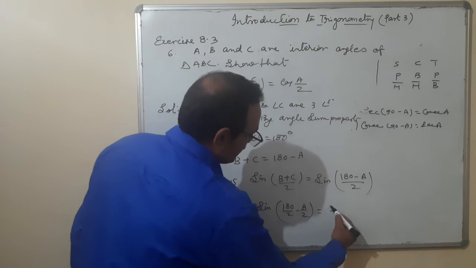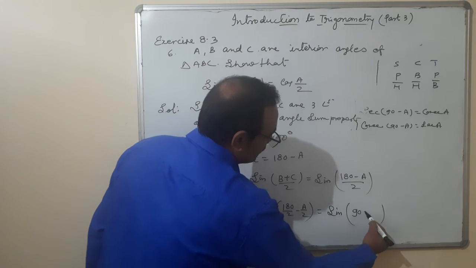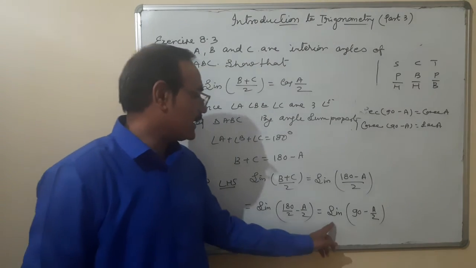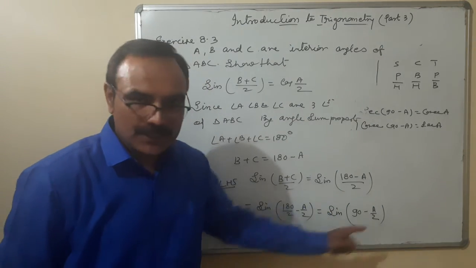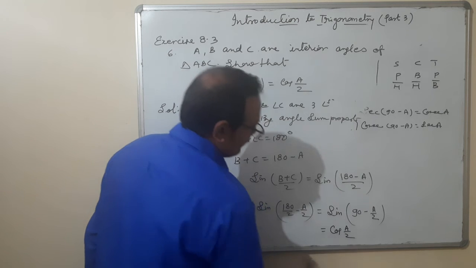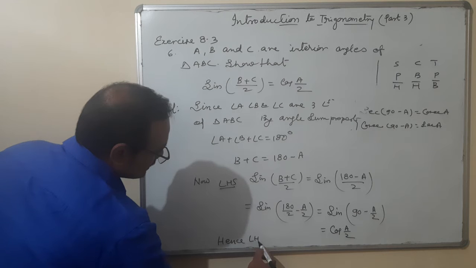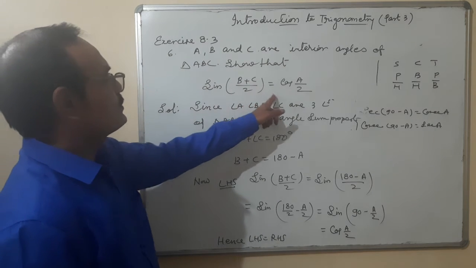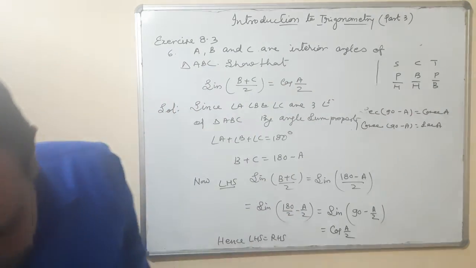So that means it is sin (90 minus A upon 2). And the complementary angle rule says sin (90 minus A) is equal to cos A. So sin (90 minus A by 2) is equal to cos A by 2. Hence, LHS is equal to RHS. Sin (B plus C) by 2 is equal to cos A by 2.